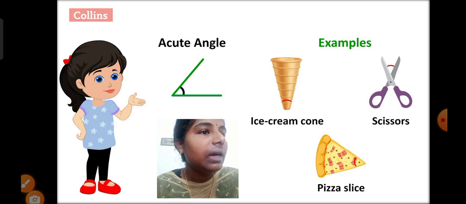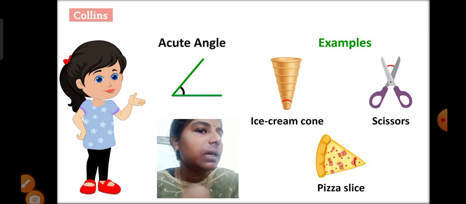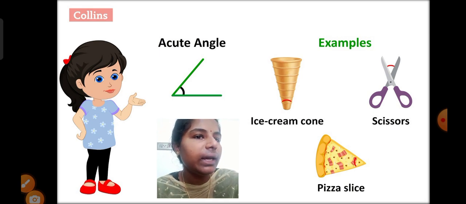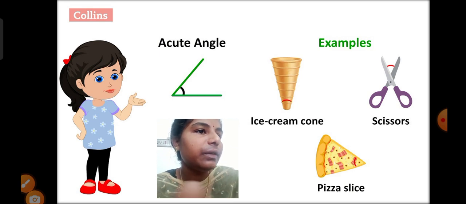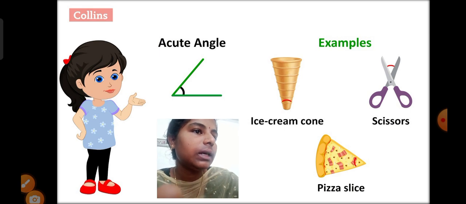When we are cutting paper or any material, the scissors will first be in a folded condition, and then there will be a gap.